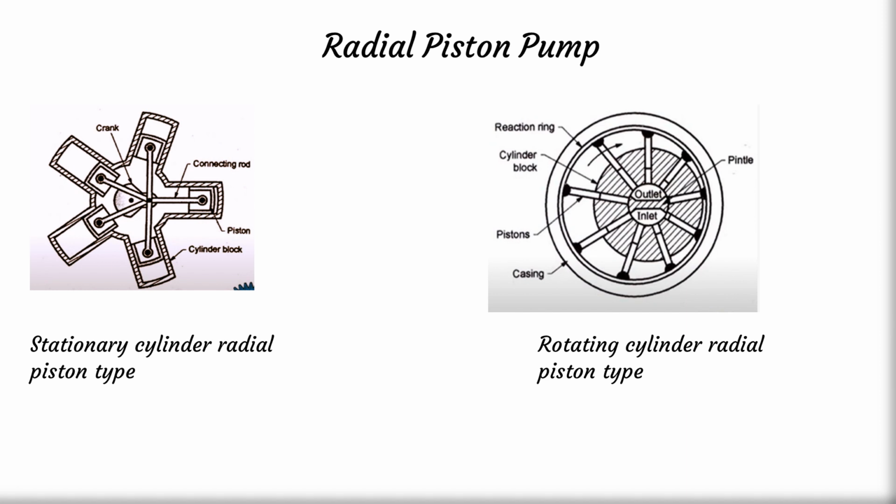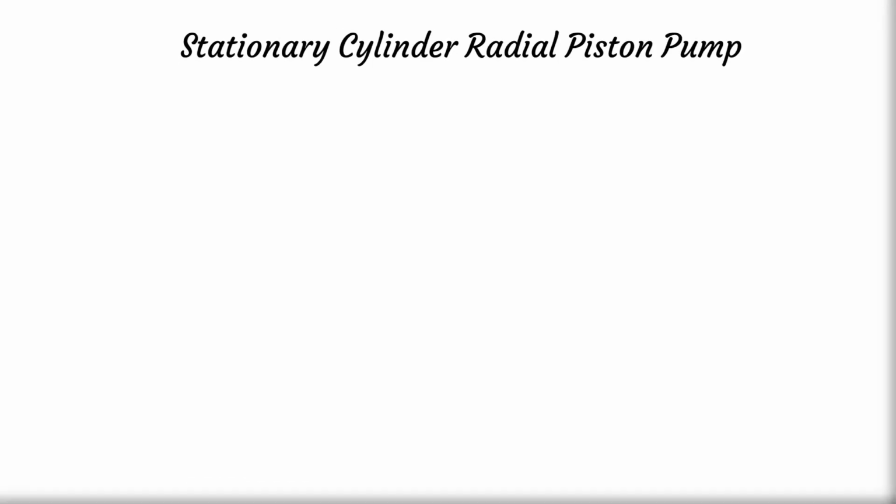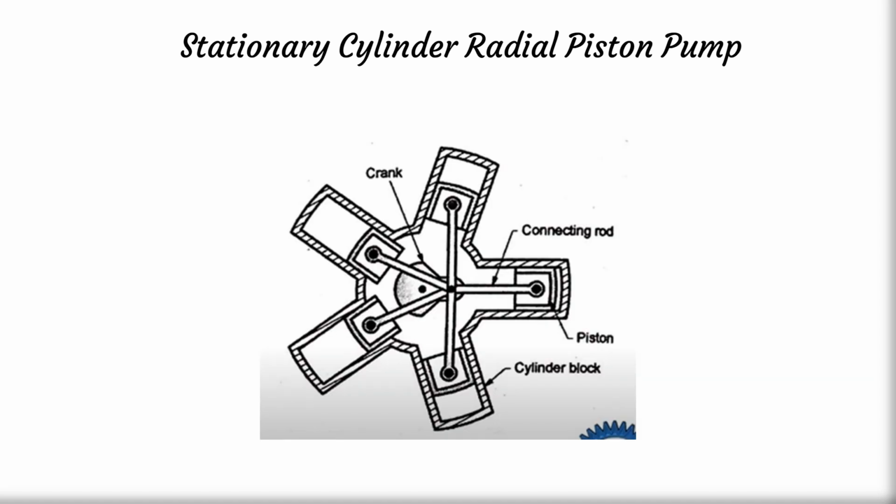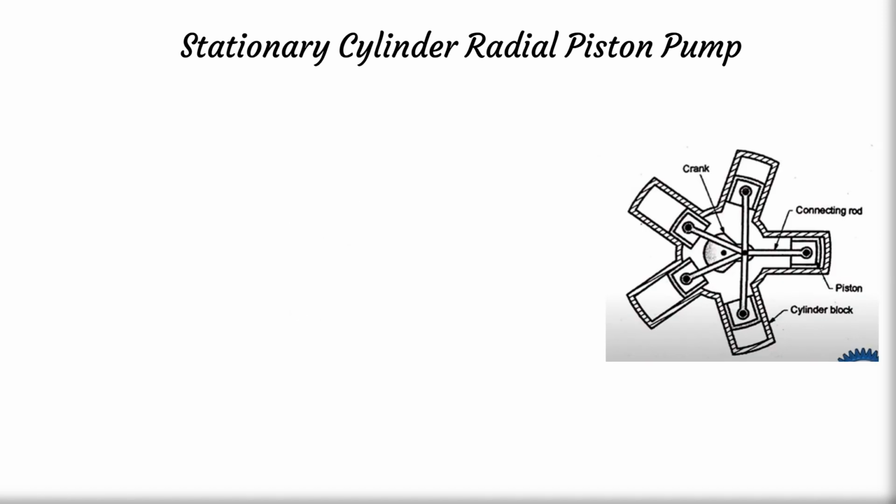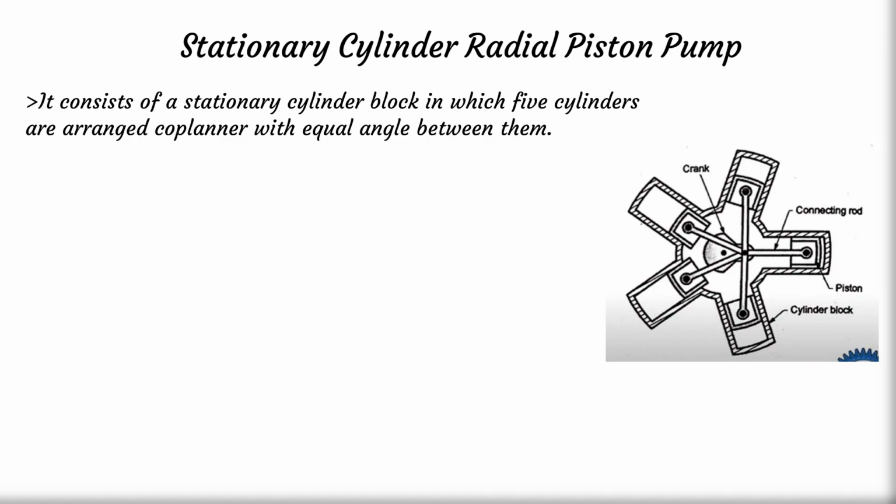Stationary cylinder radial piston pump. The figure below shows the stationary cylinder radial piston pump. It consists of a stationary cylinder block in which 5 cylinders are arranged coplanar with equal angle between them. Totally, there are 5 pistons, one reciprocating inside each cylinder.